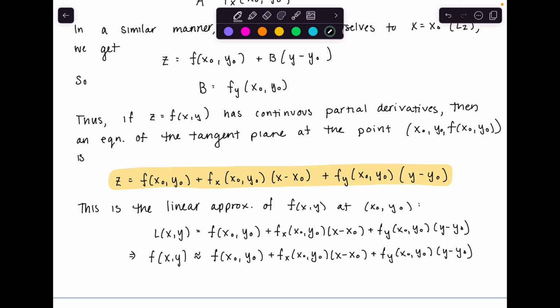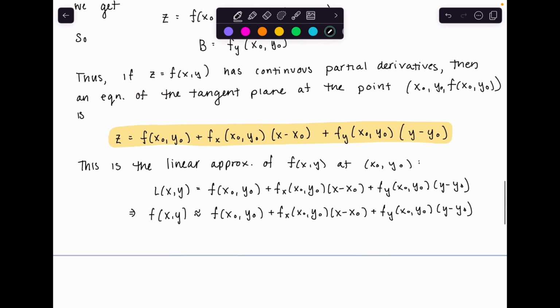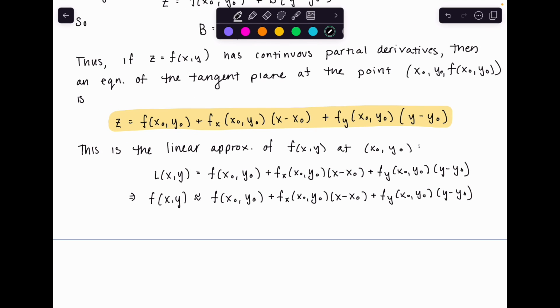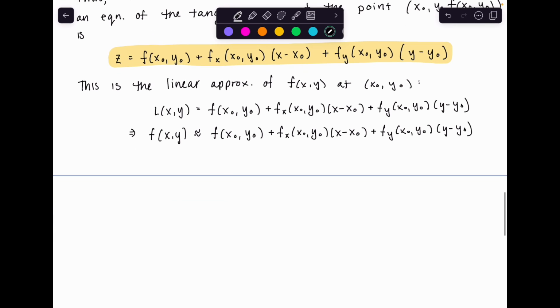So let's go ahead and try an example of this. Again, in practice, it is not as complicated as it looks because we just have a lot of different variables and components going on.